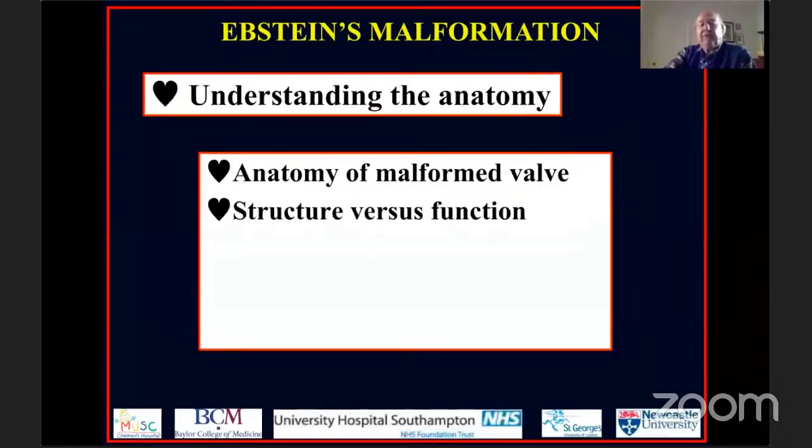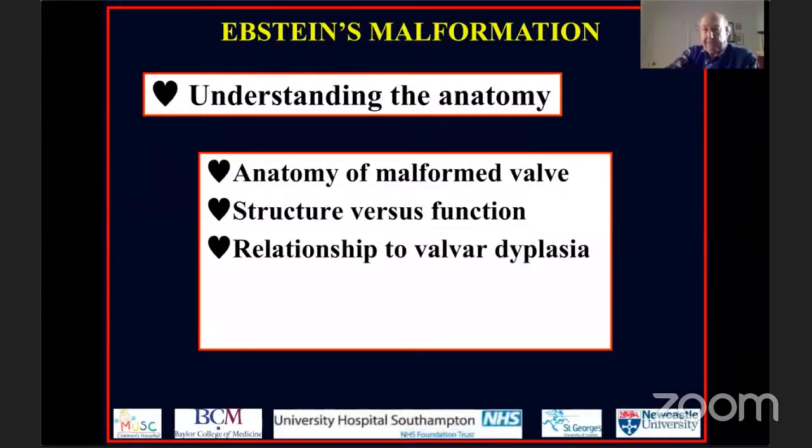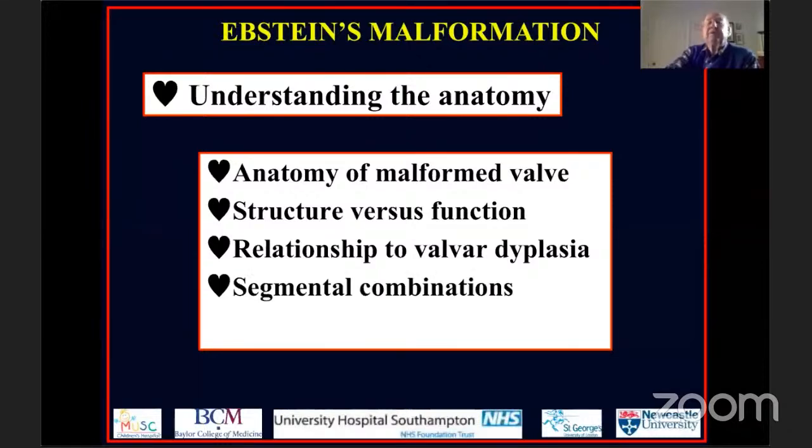So if we are to approach the anatomy of the malformed valve, again, we need to think of structure versus function, remembering that now the valve is going to function in bifoliate fashion. I'm going to mention the relationship to valvar dysplasia, because in the greater majority of cases, the valve in the setting of Ebstein's malformation is not only abnormal in terms of its position, it is also abnormal in terms of the dysplasia of its leaflets.